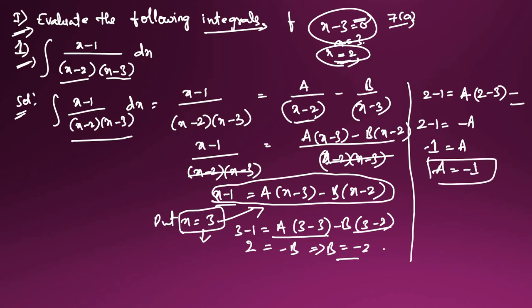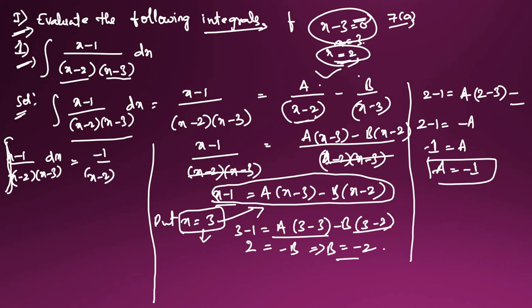So the A value we got and the B value we got. Two values we got. We have to substitute in this one. So integral of x minus 1 divided by x minus 2 into x minus 3 into dx is equal to, what we have got here, A value minus 1 by x minus 2, and minus into minus, plus 2 by x minus 3 will come here.